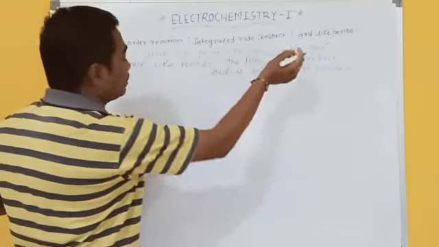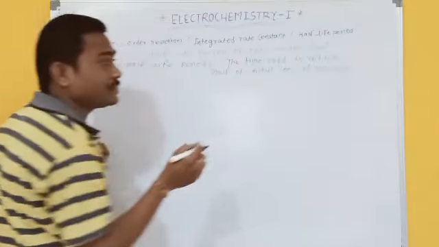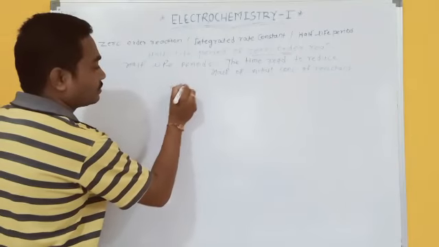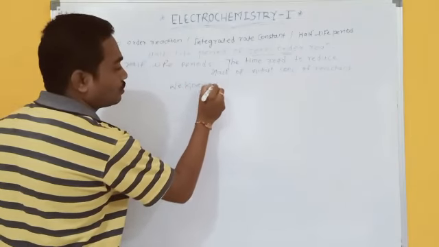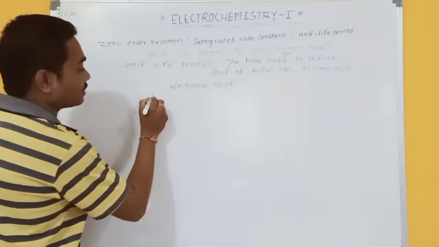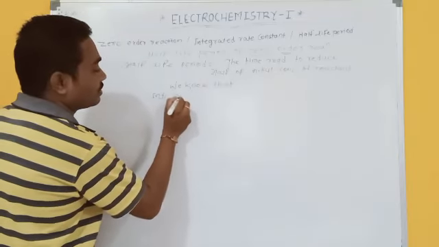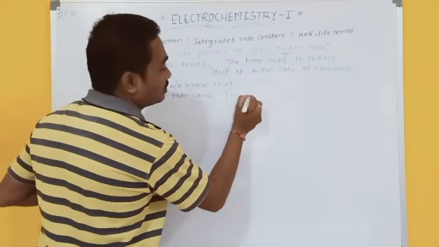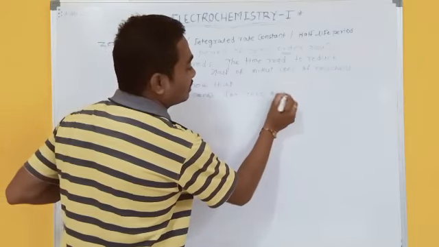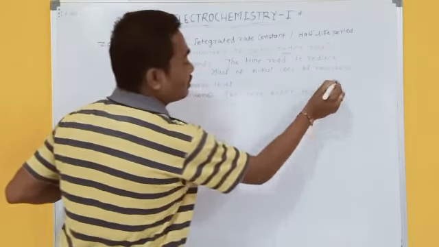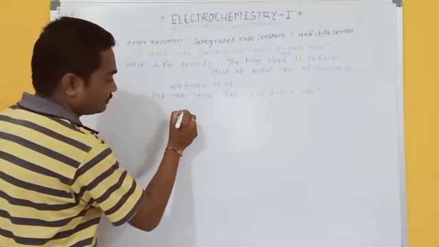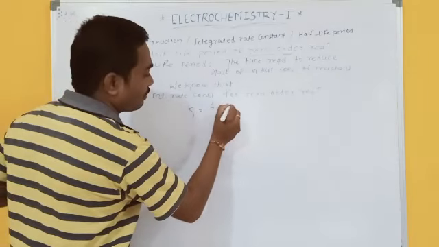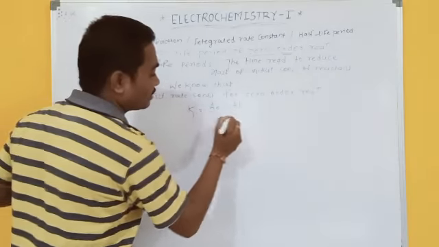So in that topic we have to calculate the half-life period for a zero order reaction. We know the integrated rate constant for zero order reaction: k is equal to A0 minus At divided by t.